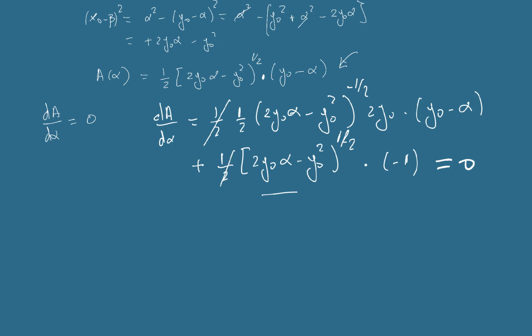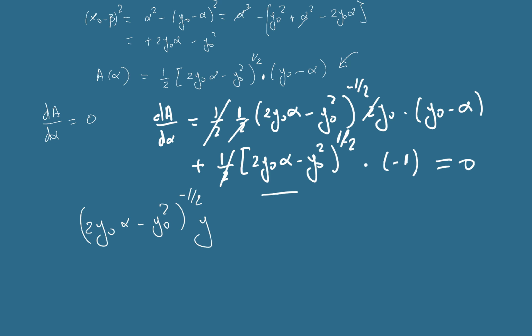So it will be 2y0 alpha minus y0 squared, minus 1/2, multiplied by y0, multiplied by y0 minus alpha, should be equal to 2 times y0 alpha minus y0 squared, and everything 1/2.